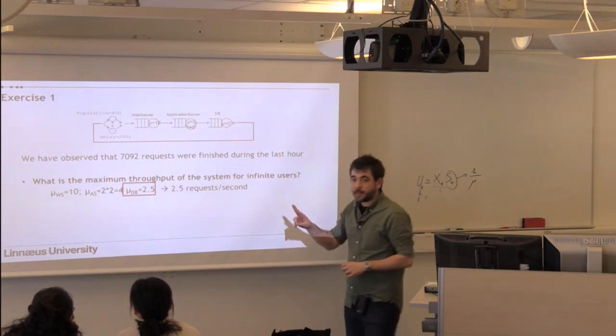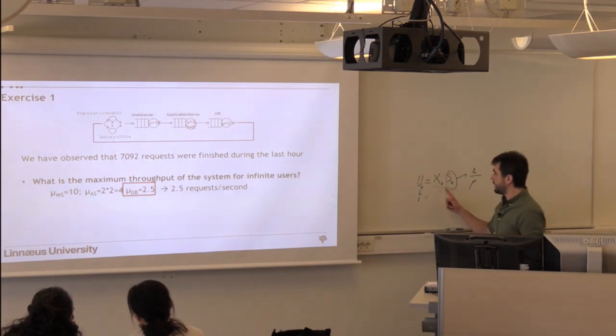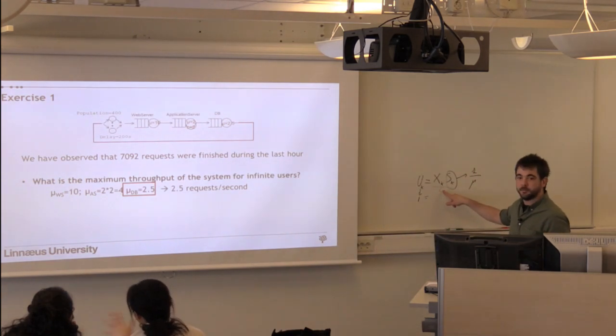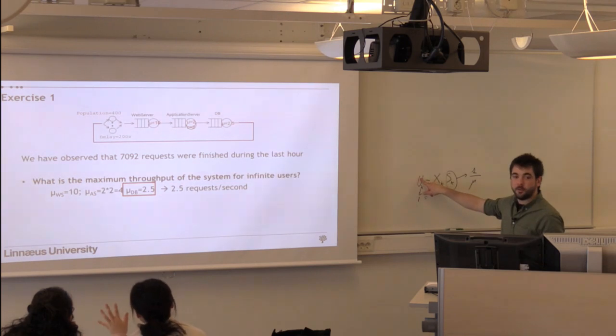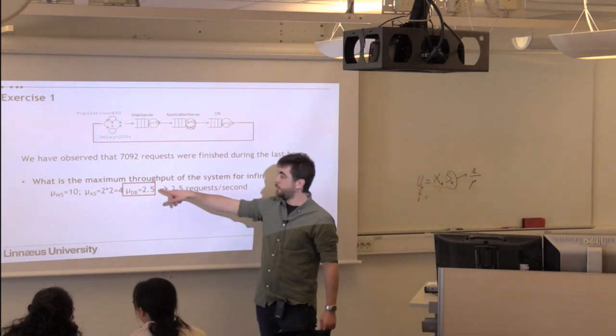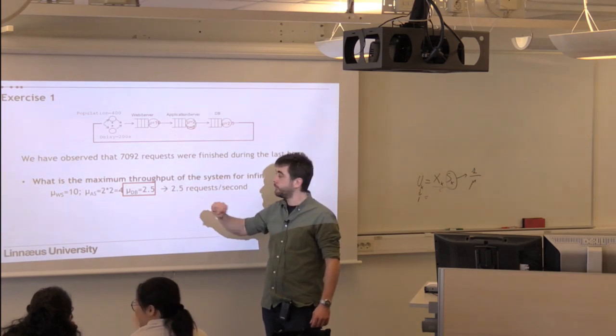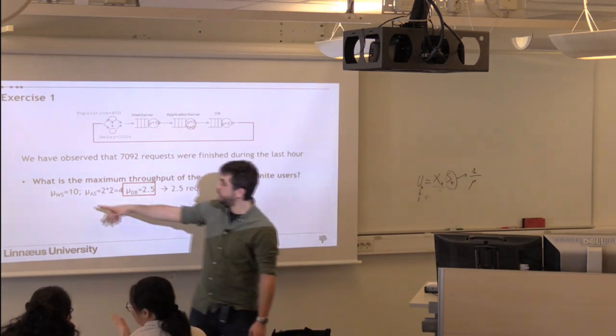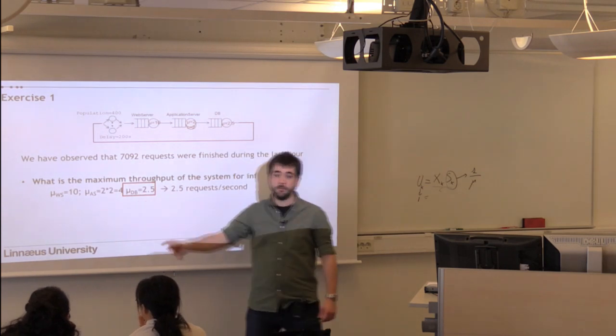If we have two databases, we would be dividing by 2 as well. So to make the utilization 1, we would need double throughput. Instead of 2.5, we could serve 5. Then we get the minimum between 10, 4, and 5, and it would be 4.